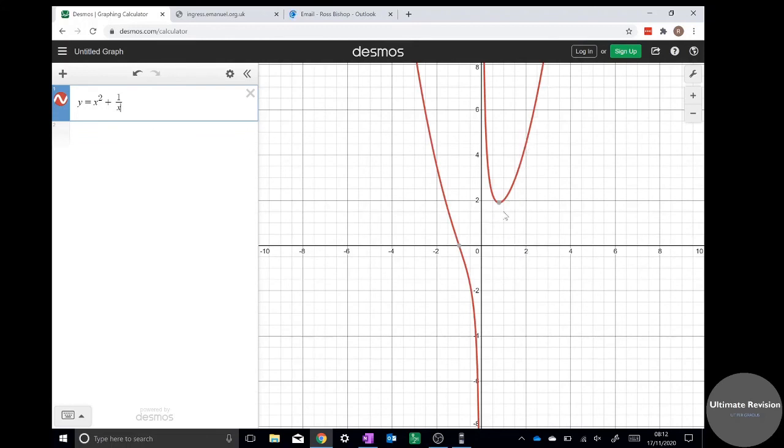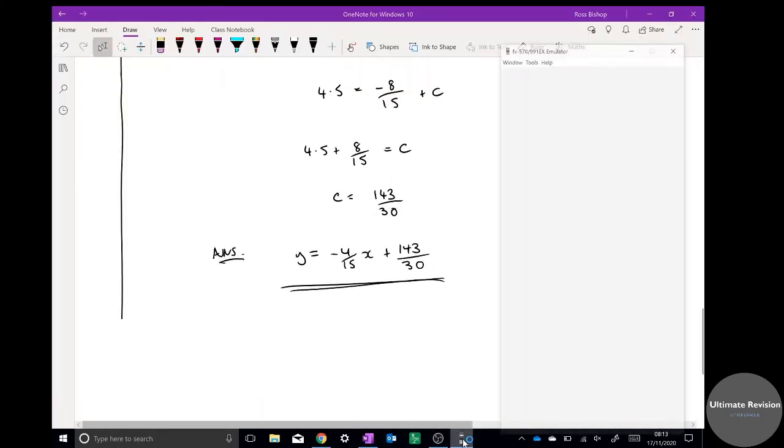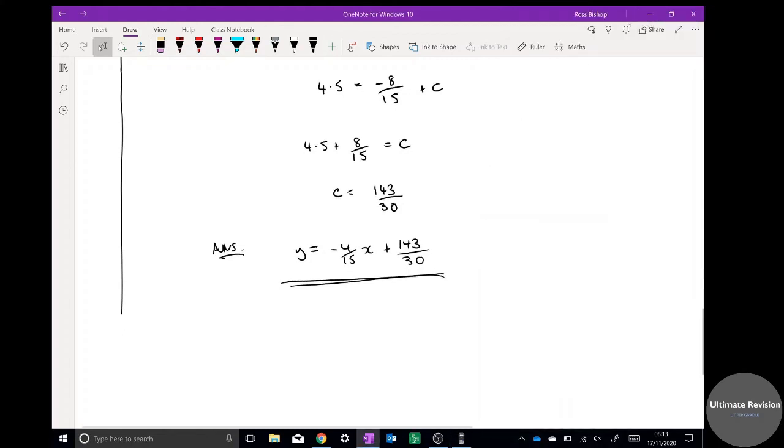If I drew a tangent there, that is definitely a positive gradient, which is what I wanted, and the normal has a negative gradient. The tangent passes through about negative 3, which was right, and the normal passes through about 4.5, something like that. So 143 over 30 is about 4.7, which is about where it crossed the y-axis. So I know that's almost certainly correct.